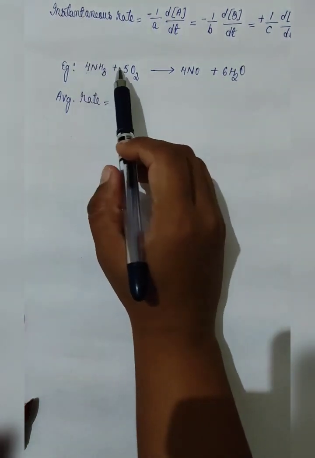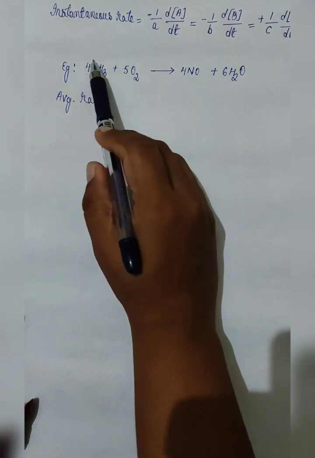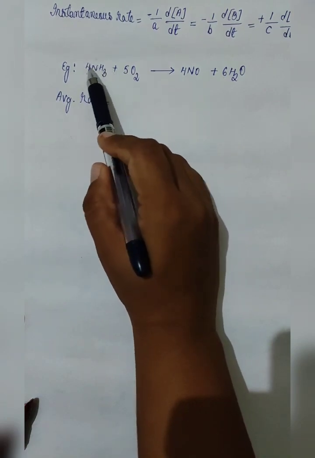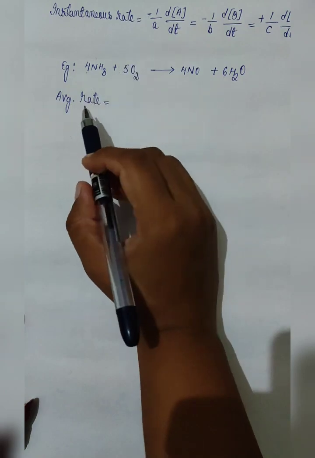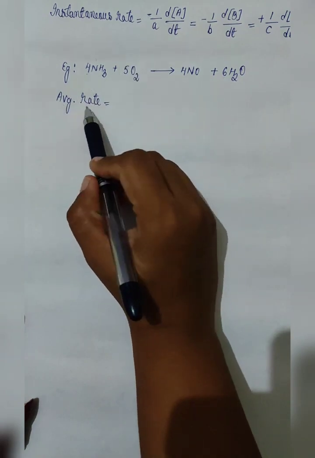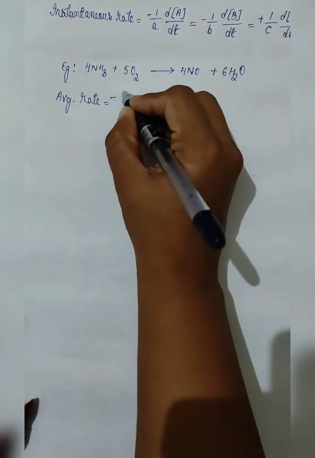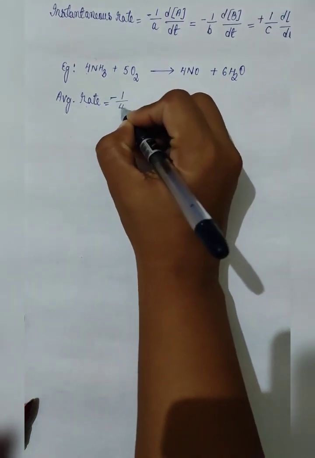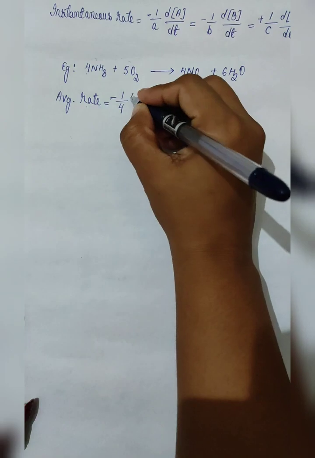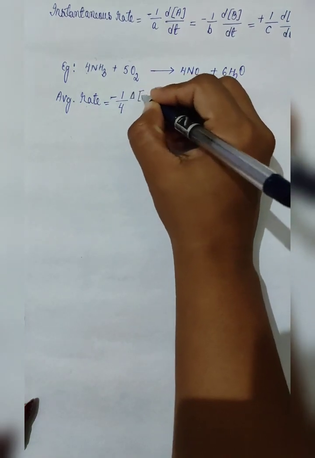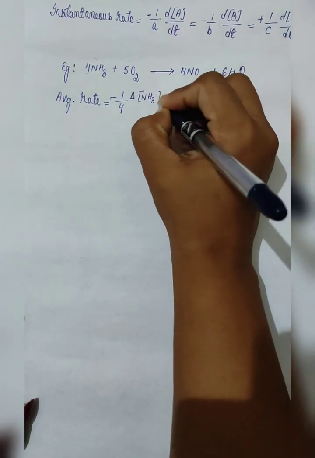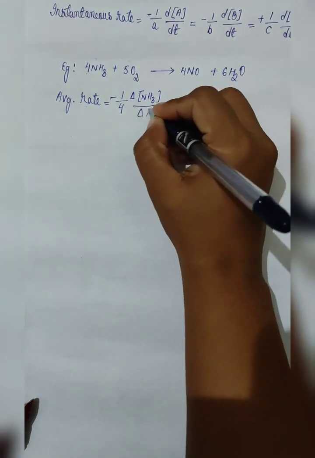Now I'm sure you'll be clear what a stoichiometric coefficient is: it is the number associated with the compound. So when we are writing the average rate for the reactant, it will be associated with a minus sign, divided by the stoichiometric coefficient, followed by the change in concentration of the first reactant with respect to time.